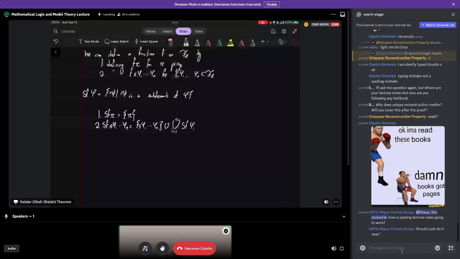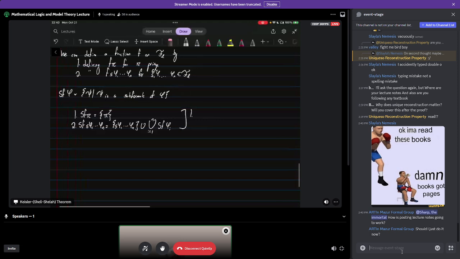So we need to show two things. One, basically we need to show that it's well defined. And to show that it's well defined, we need to show that for every phi in FL, SF phi is defined. Why is this true?